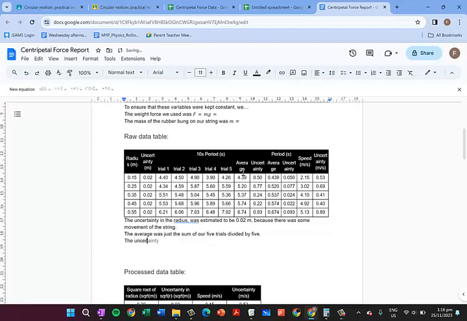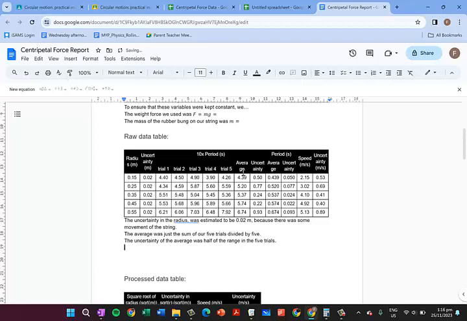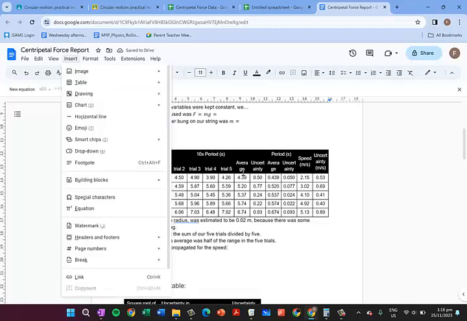The uncertainty of the average was half of the range in the 5 trials. And the uncertainty in the speed, the uncertainty was propagated for the speed, and that's the only one that's really complicated enough to warrant showing how it worked. So I'm going to go insert equation.